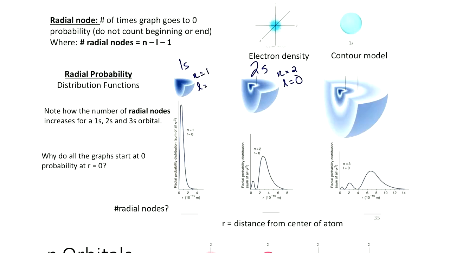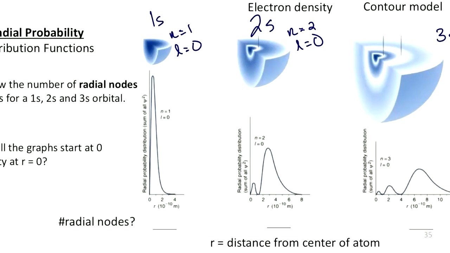Sorry, it equals 0. There we go. And then in a 3s orbital, n equals 3, L equals 0. So in all of these, L equals 0, but the n numbers change a little bit. And so we see the graphs change a little bit. The probability of finding an electron in a 2s orbital looks a little different from our 1s orbital.